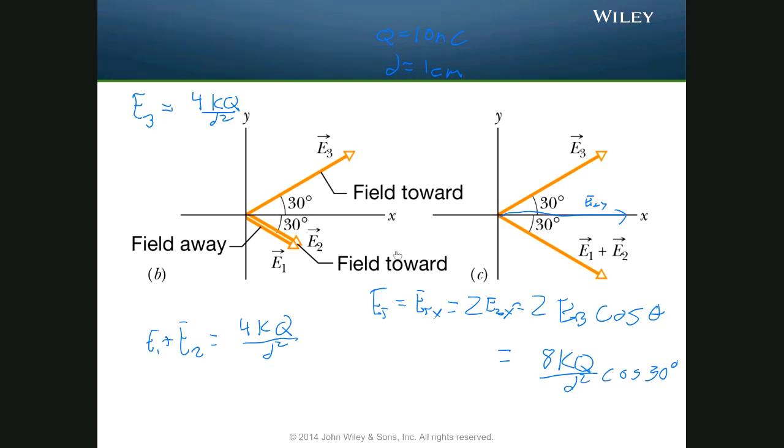So this is E total in the x direction, because we noticed the y direction canceled by symmetry. And then in the x direction, I recognized that E total is just 2E3, so that's 2E3x, right? And then from there I took the x component, so that's 2 times E3 times cosine theta. That should work. But I want to finish talking about the labs first.